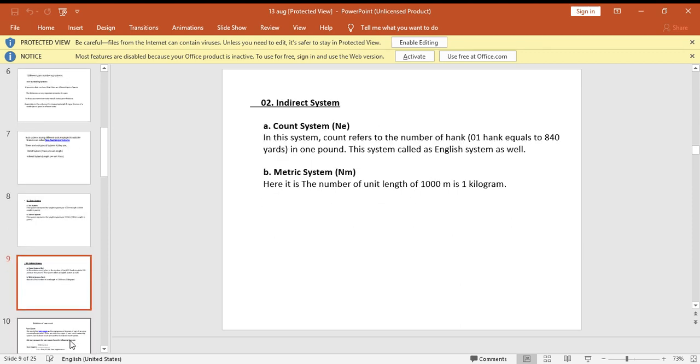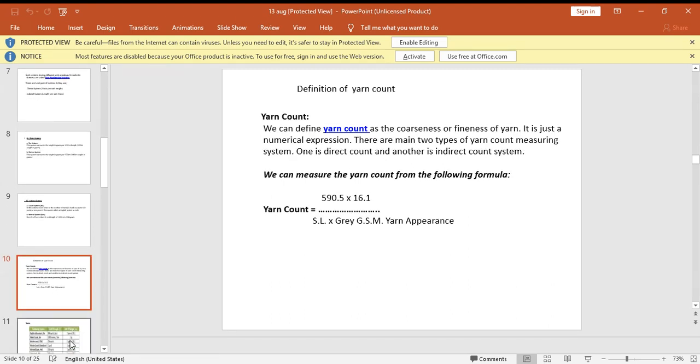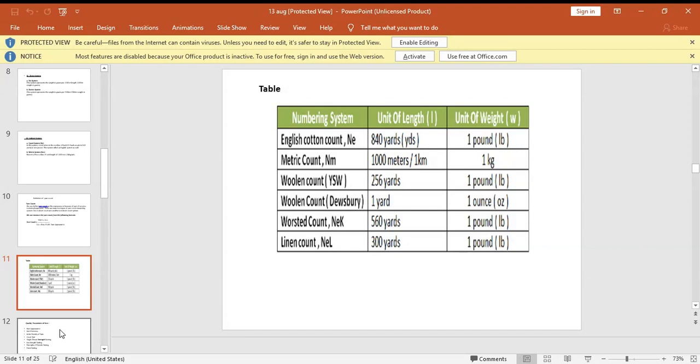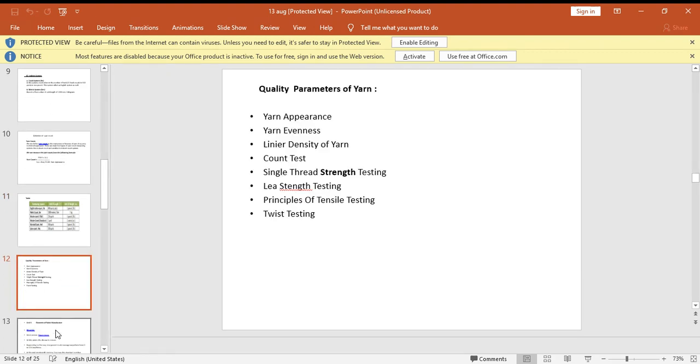So finally we have learned about the parameters. We have learned the table, how it is expressed in the numeric system, that is length and weight. And finally in this chapter we completed by knowing the quality parameters of yarn.